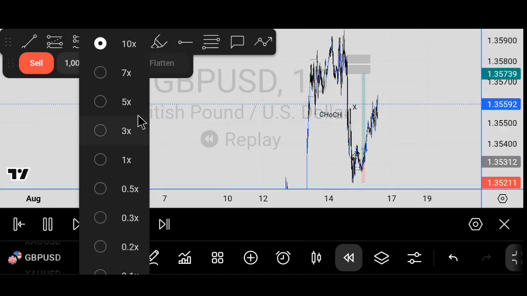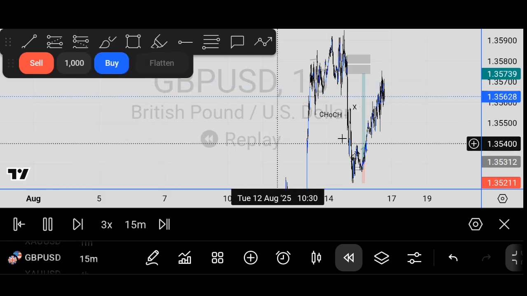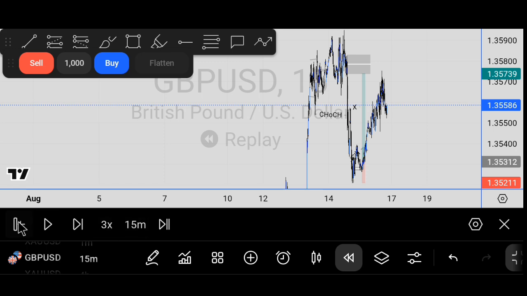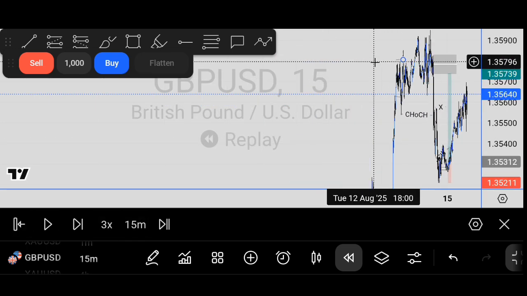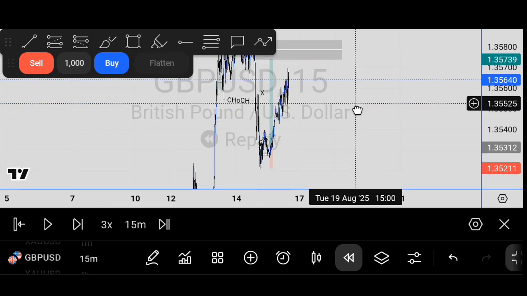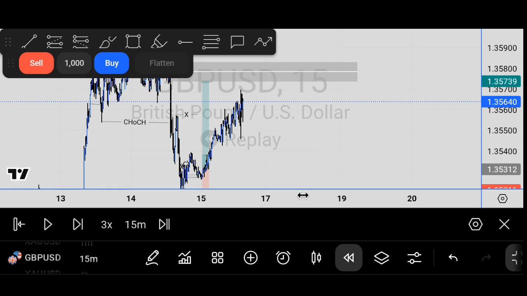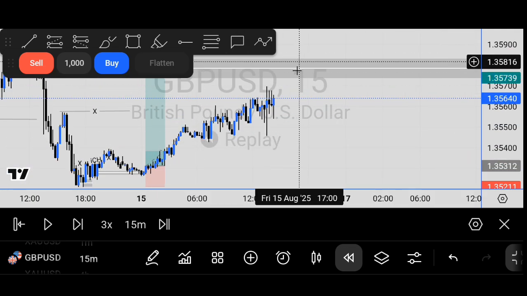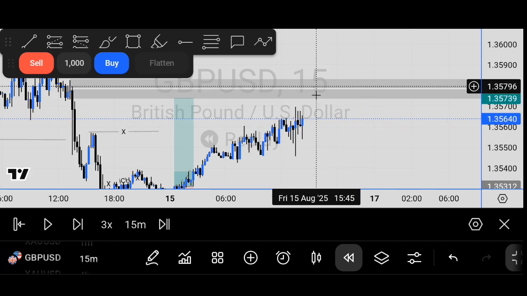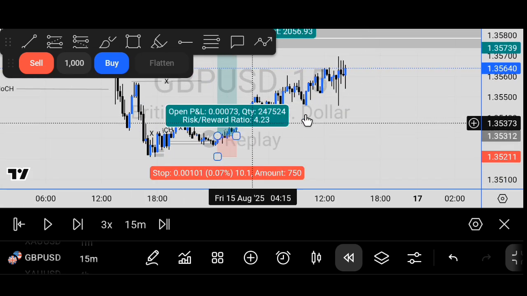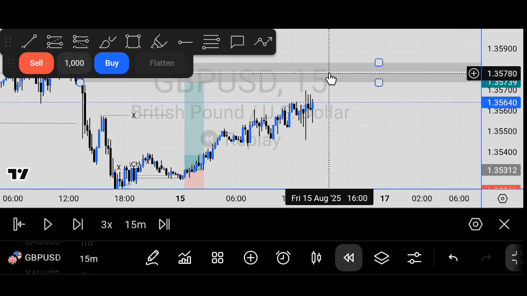You can see price went swiftly to the upside. And now when we got to this supply, the same thing is what I applied. I waited for price to get here and give us candlestick confirmation before I scale to the lower time frame.